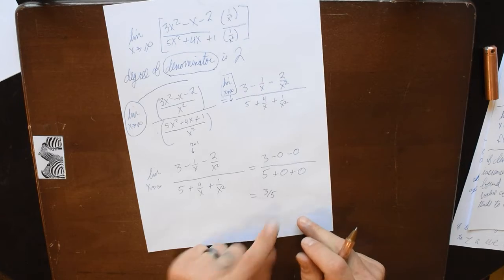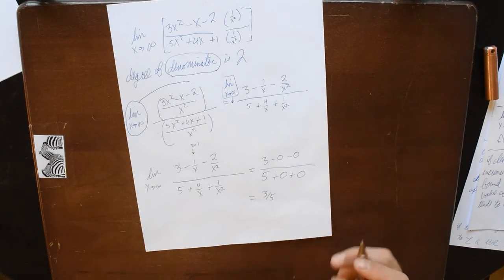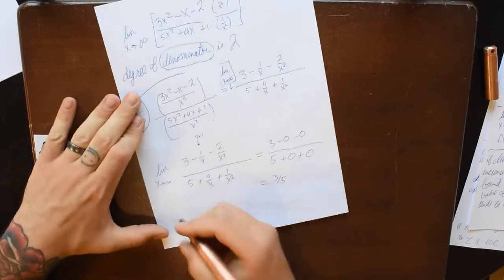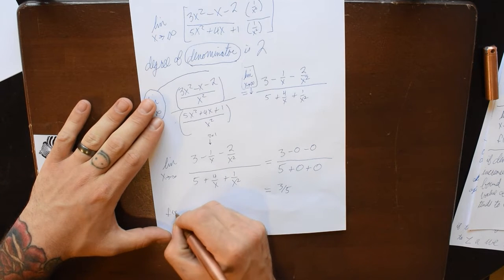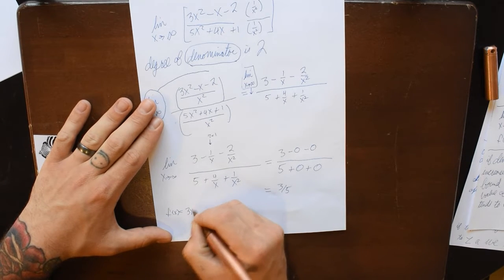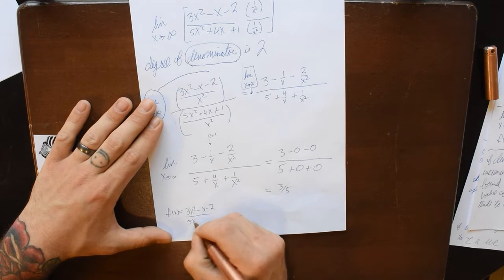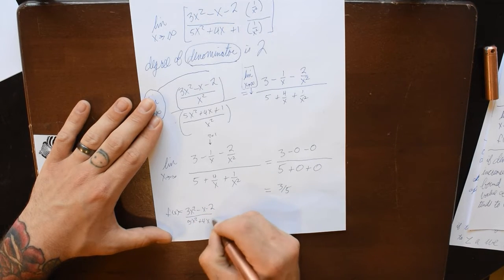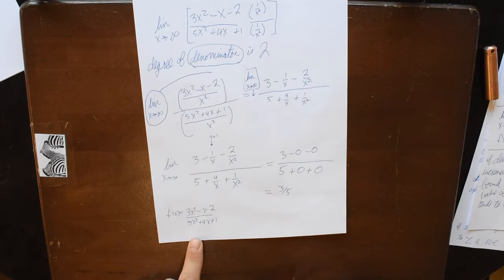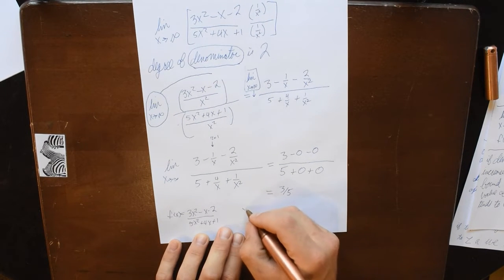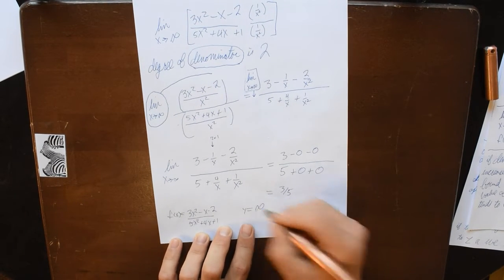What does that also mean? Going back to what we said earlier, that means this rational function, f of x, which is equal to 3x squared minus x minus 2, divided by 5x squared plus 4x plus 1, has a horizontal asymptote along the line y equals 3/5.